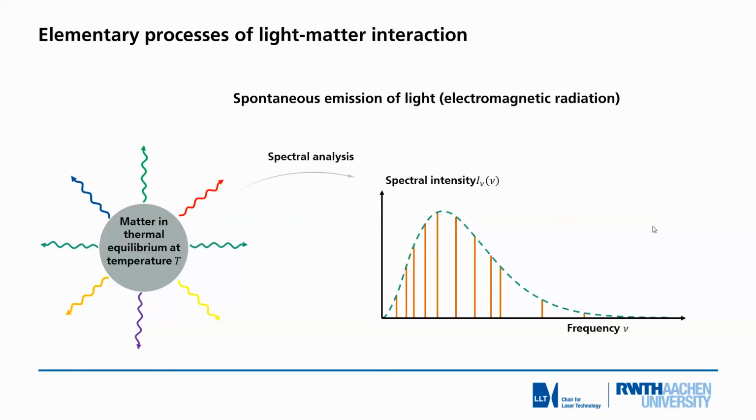On the other hand, if we look at the emission of light, let's think of a thermal light source like the sun, and you all know that this is described by the Planck curve of radiation shown here, the spectral emission. So the intensity as a function of the emitted frequency has its maximum here, which depends on the temperature of that thermal radiator, and in this case we will have a continuous spectrum.